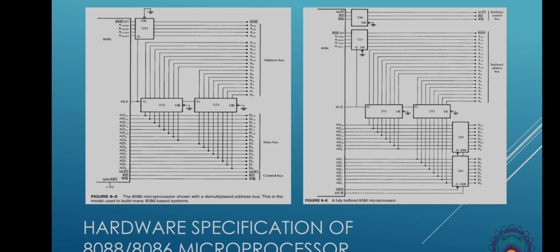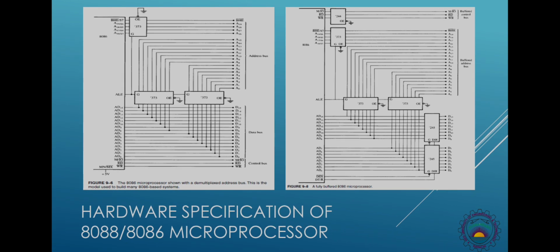Output enable pins of both of these latches are connected with ground, and the latch enable pin, G pin, of both latches are connected with the ALE pin of the microprocessor.